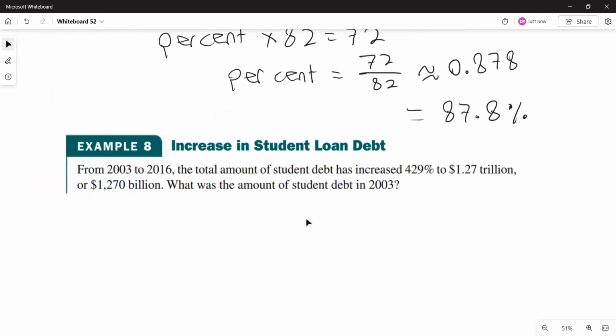We know a few things. We know the new amount. We're going to keep everything in billions, 1,270.